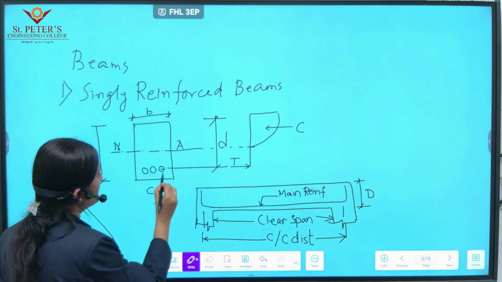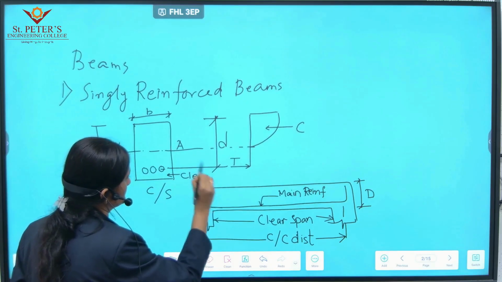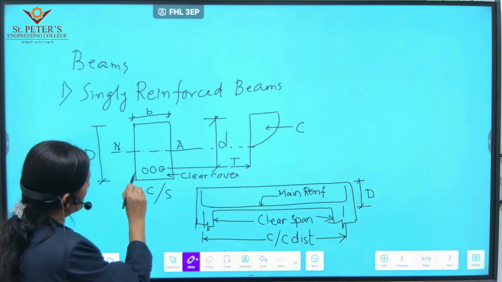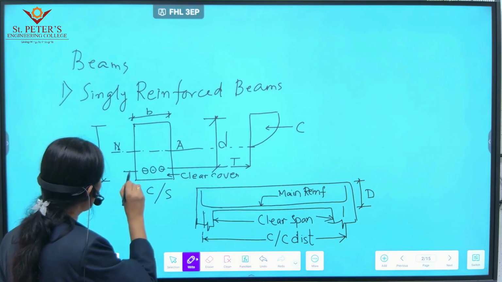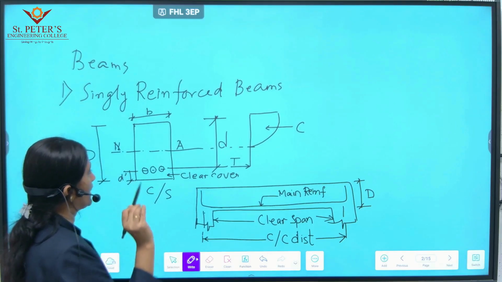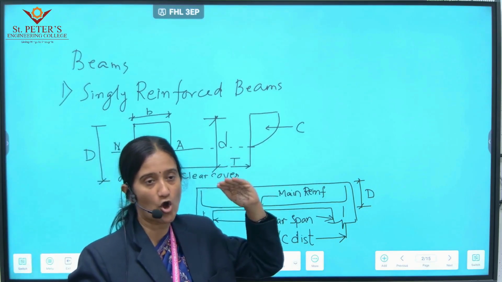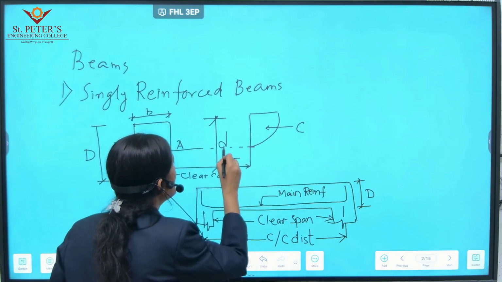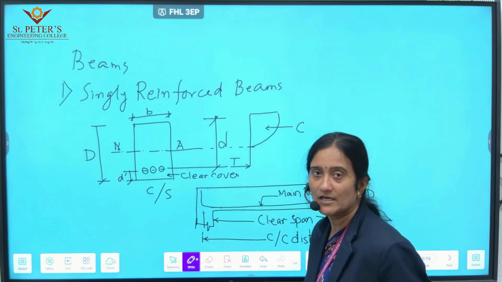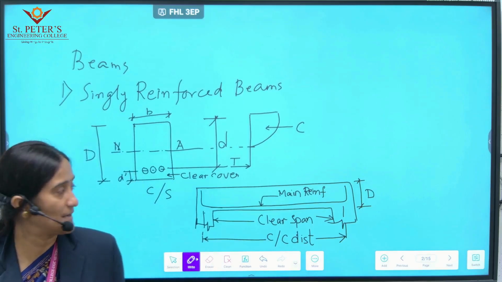So we provide some clear cover to the beam. The distance from the clear cover to the center of the reinforcement is known as the effective cover, and from the reinforcement to the topmost fiber of the beam is known as the effective depth. These are the parameters we require for planning or designing a singly reinforced beam.